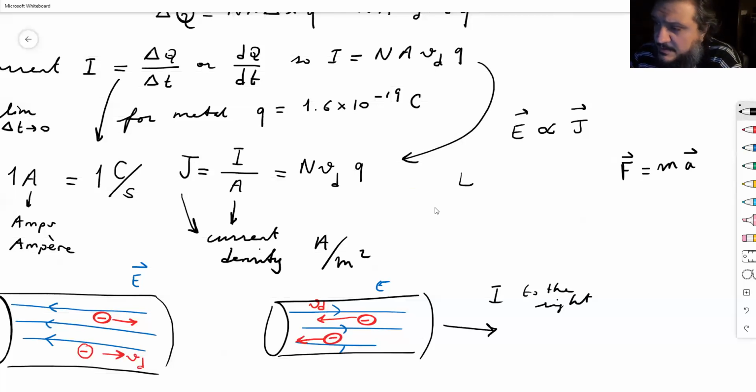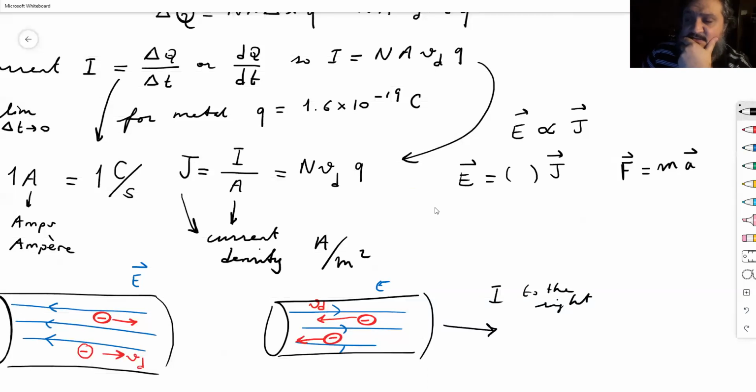So E equals, let's say, a constant times the current density. So if this constant is large for a given electric field, you will have smaller current.